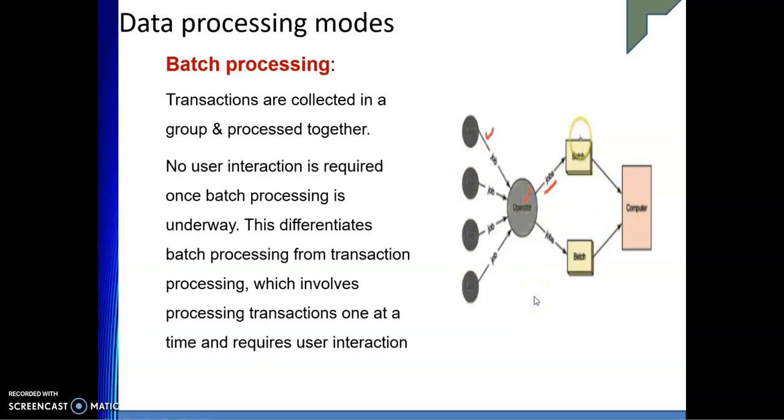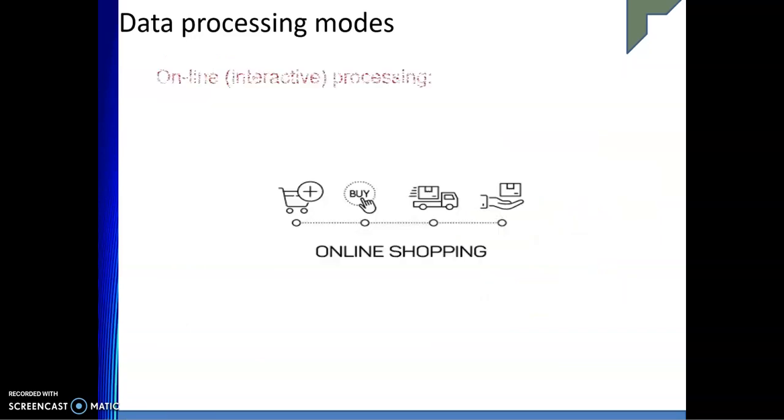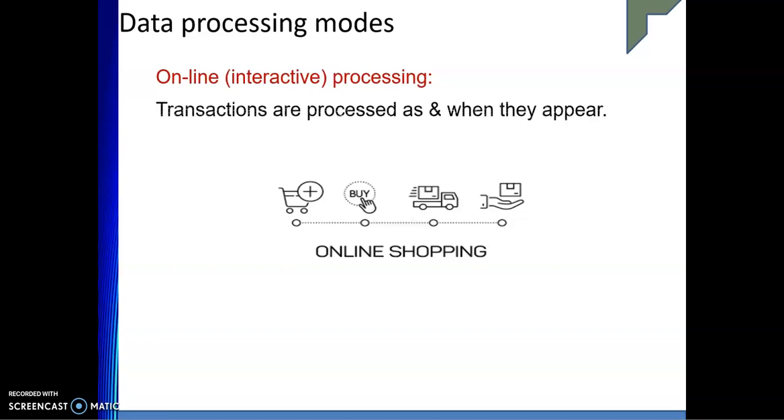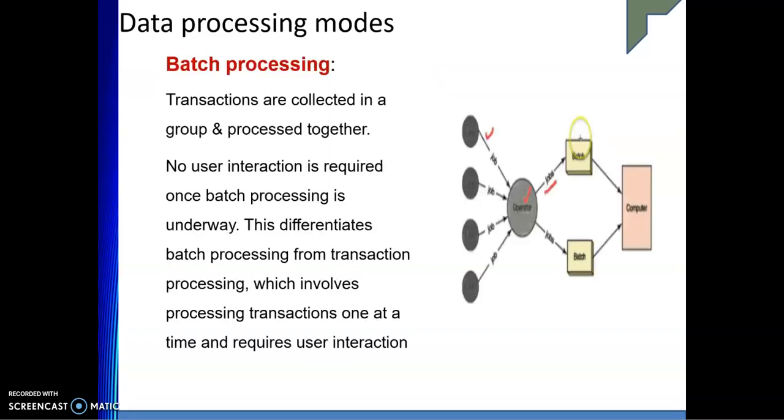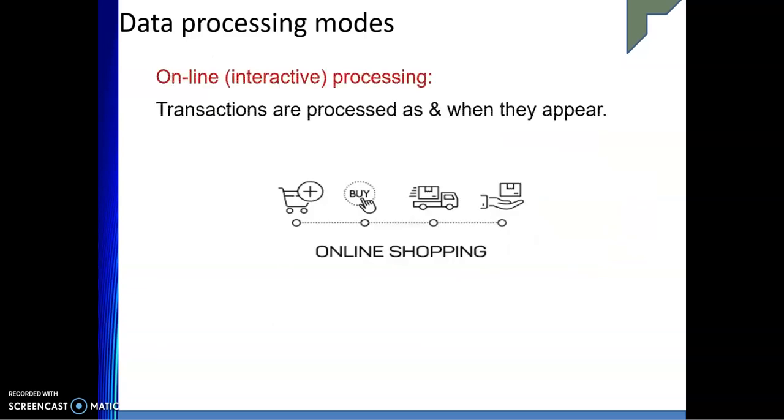But when you talk about the interactive process, in online shopping and all these things, where we are talking about transaction processing, here you process the data whenever it appears, right? Quickly. You're talking about a small app of online shopping.